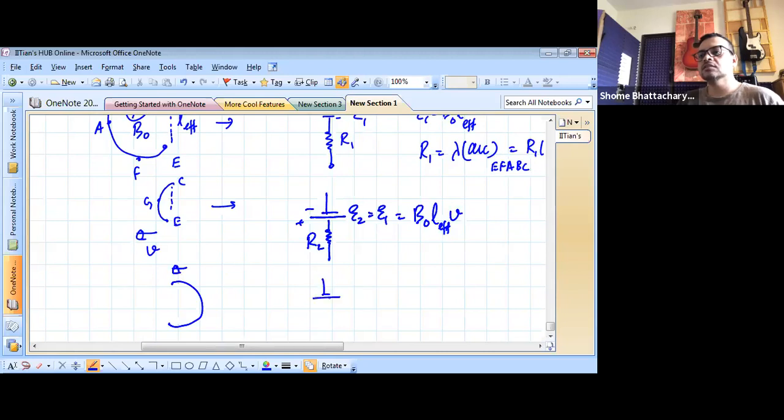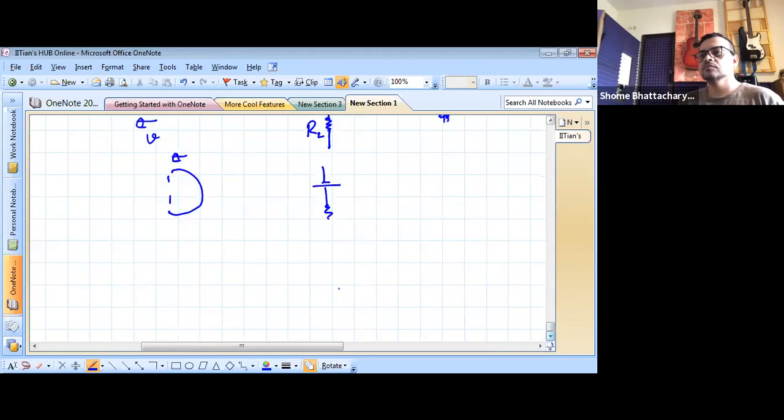And like that, this section on the other side, which is moving like this, will act like a battery and some resistance. And finally, this section over here is moving like this, so this will also act like a battery and some resistance.